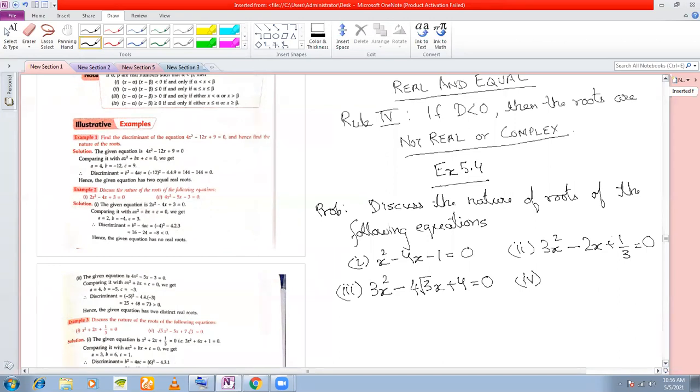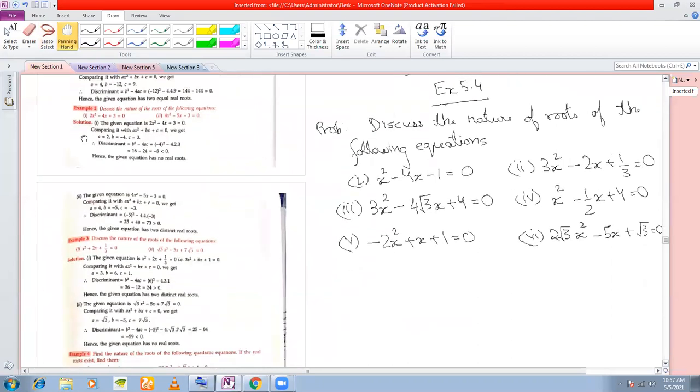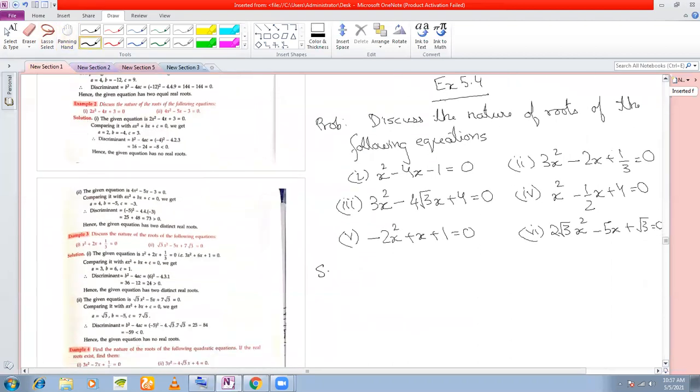Fourth one is x square minus half x plus 4 equal to 0. Fifth one is minus 2x square plus x plus 1 equal to 0. And the sixth one is 2 root 3 x square minus 5x plus root 3 equal to 0.